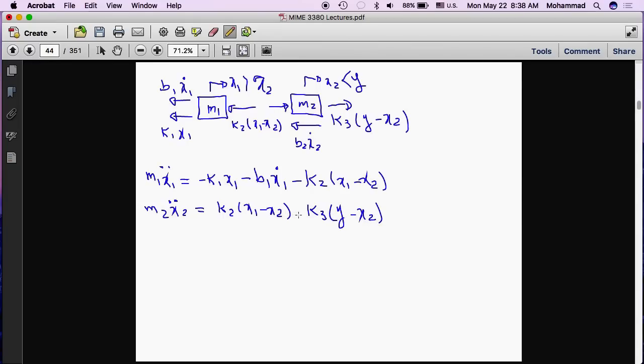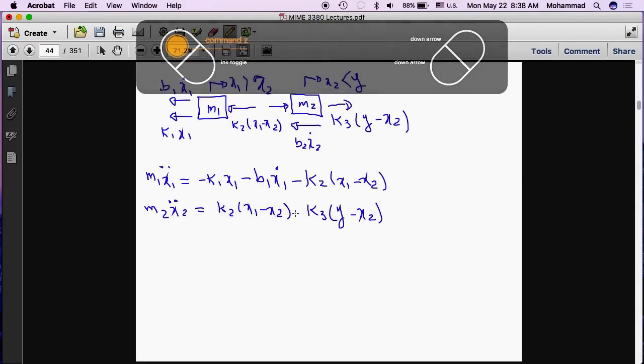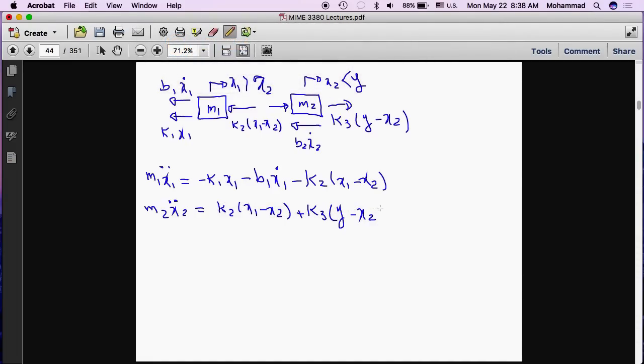Positive or negative? Positive. Okay. Any other force? Which is minus B2 x2 dot.